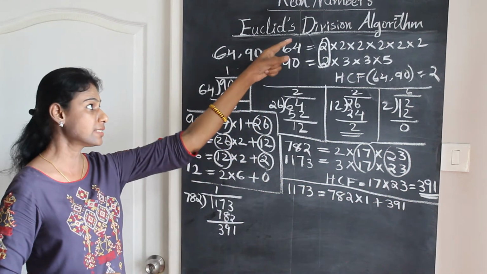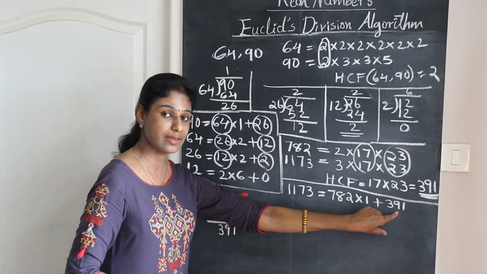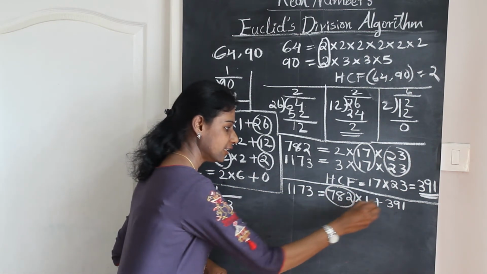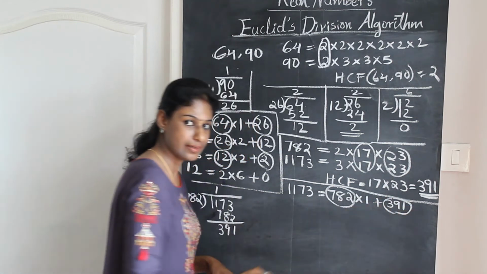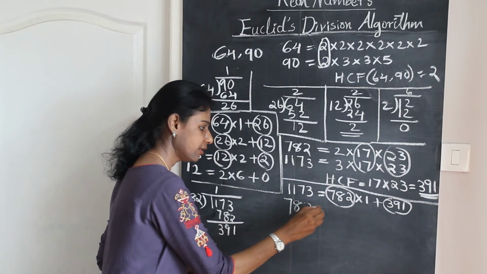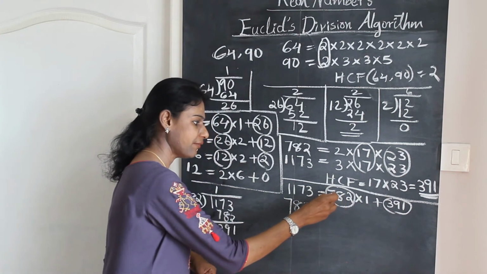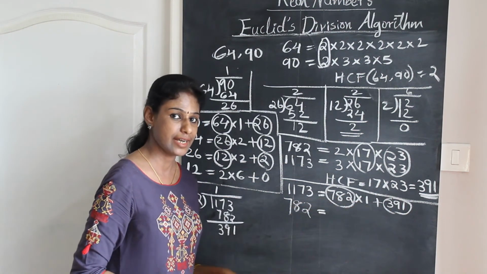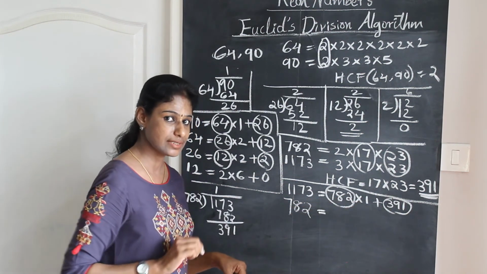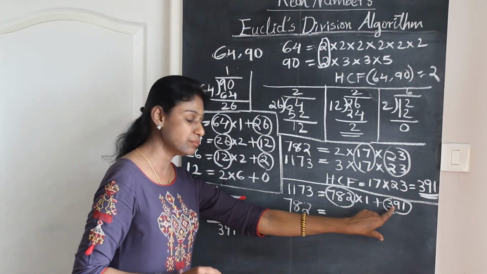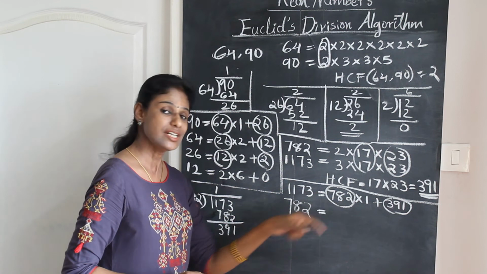According to Euclid's division algorithm, if the remainder is not equal to 0, we need to repeat the procedure by taking the divisor and the remainder. So divide this 782 by 391. If you divide 782 by 391, we get 2 as the quotient because it is divisible by 391, and 2 times 391 is equal to 782.